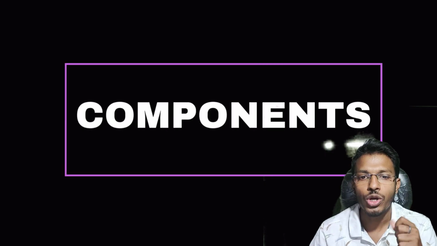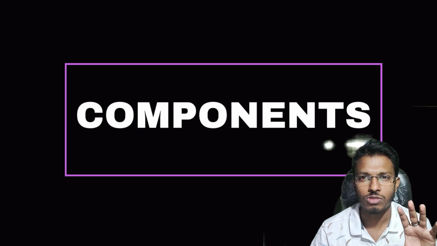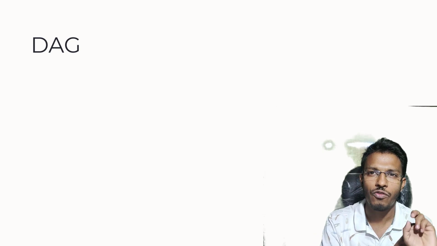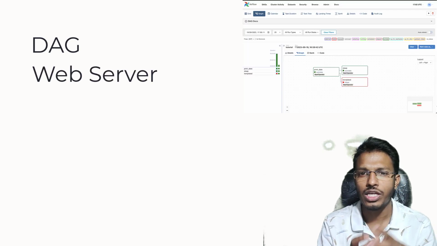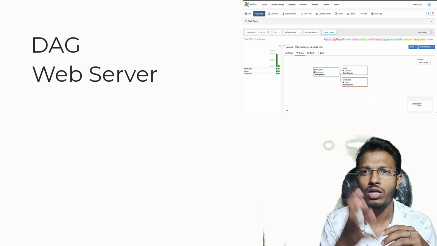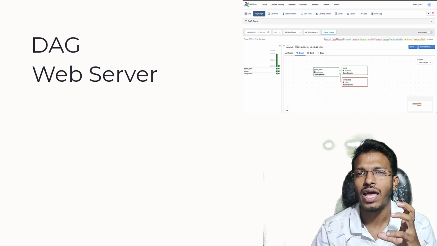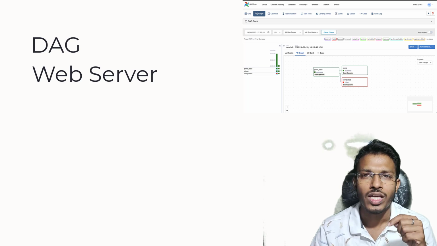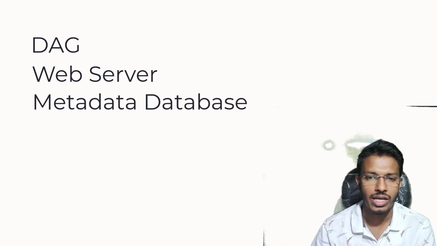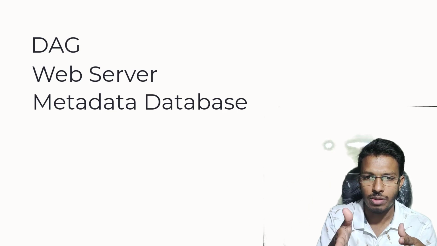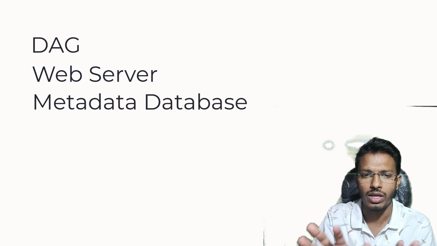There are various components of Airflow. As I discussed, there is the DAG, the directed acyclic graph. Then we have the web server. The web server is a user interface built on Flask, and it allows us to monitor the status of the DAGs and trigger them. There is the metadata database. Airflow stores the status of all the tasks in the database and does all the read and write operations of a workflow from here.